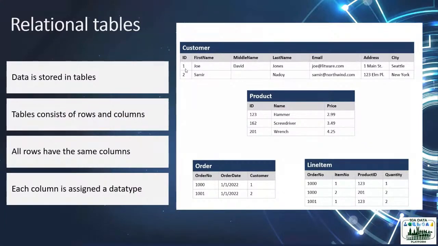For instance, this ID can be an integer, a number. That's when the database data type comes in. You have to define it from when you are creating your table within your database. Like, this ID should be a number, or alphanumeric, or text format. This first name should be text, or what we call character, as a data engineer when you define it at the back end.